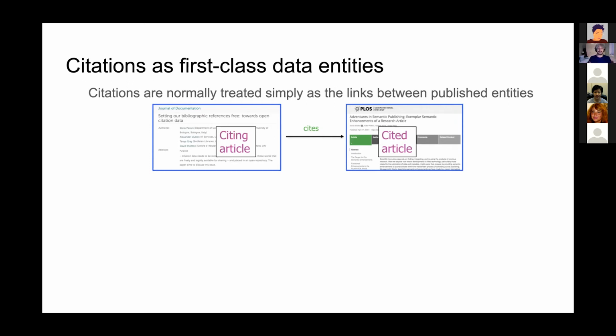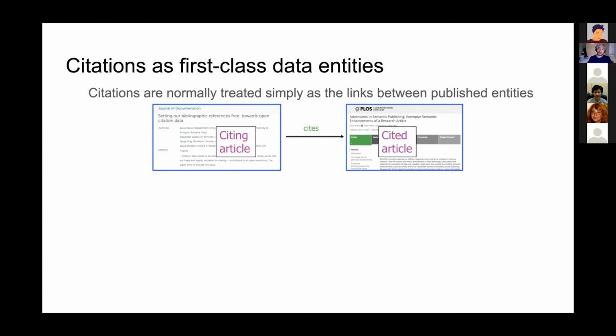In this context, the usual way to identify this relation is to define the citing article as a first-class data entity, the cited article as another first-class data entity, and then to link them by using a specific arrow, labeled to mean that the citing article cites the cited article. So this is the usual way we think of when we consider citations, a relation between articles.